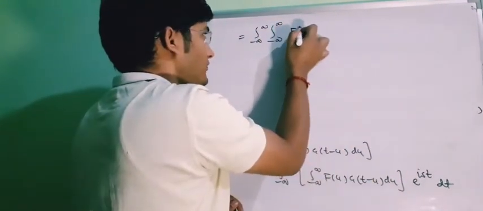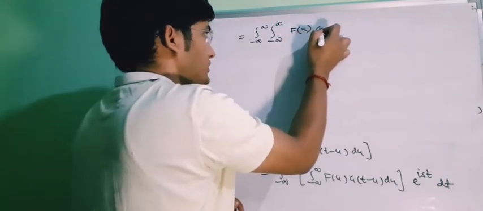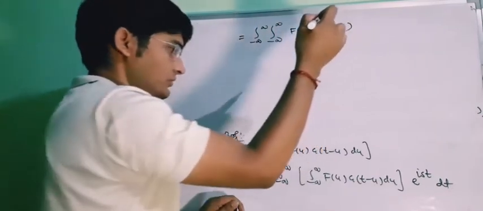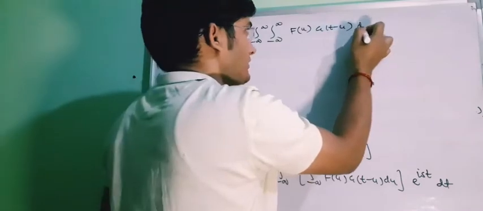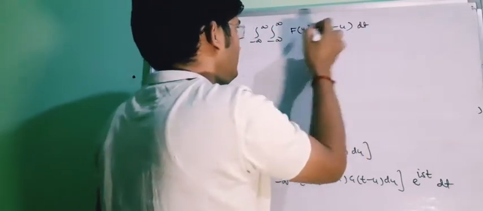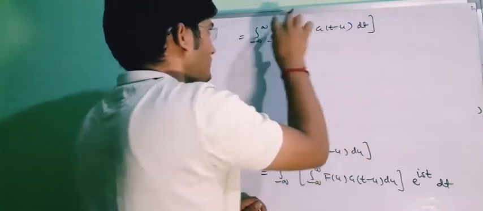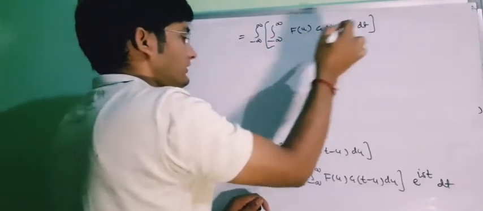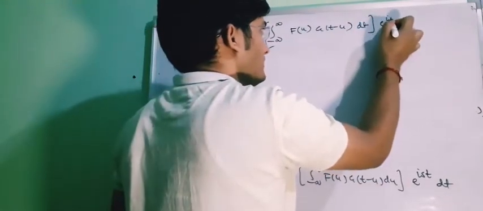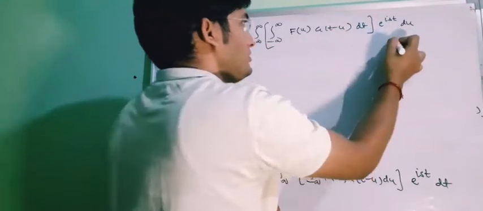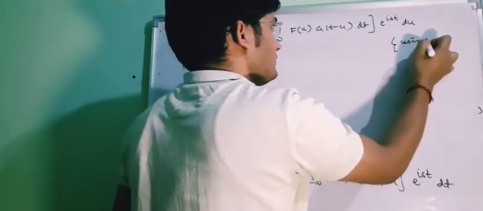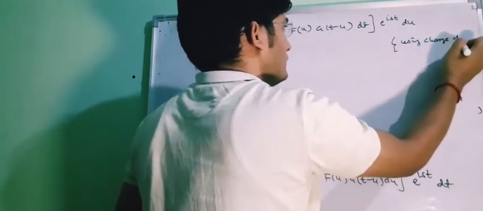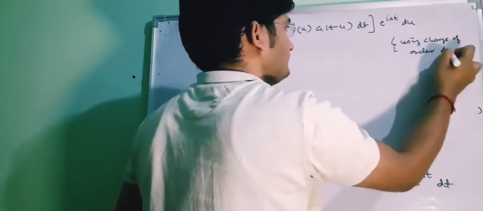So this will be f(u) g(t minus u) dt, and outside we will have e to power ist du, using change of order of integration.